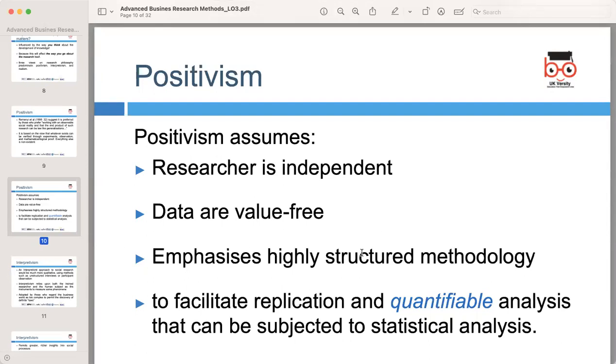Replication means that other researchers should be able to repeat the study and obtain a similar result. This is important for verifying the validity of the findings. Quantifiable analysis refers to the use of numerical data that can be subjected to statistical analysis. This allows researchers to draw conclusions based on objective measurements and identify patterns or relationships in the data.